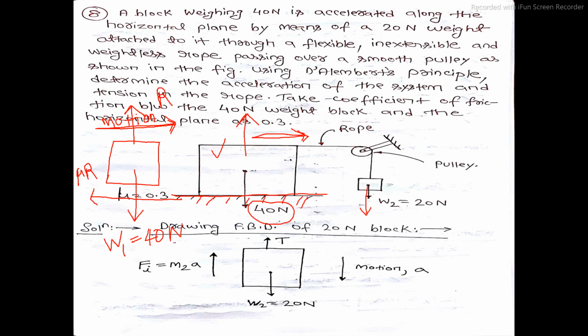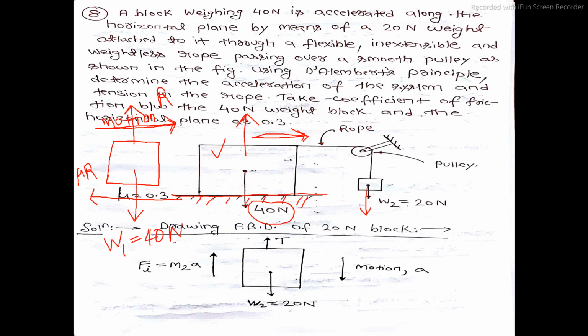Now, is the FBD of the bigger block completed? Not yet, because we have not taken the inertia force into account. According to this problem, the bigger block is moving along positive x direction.